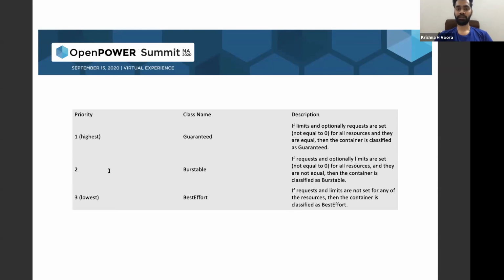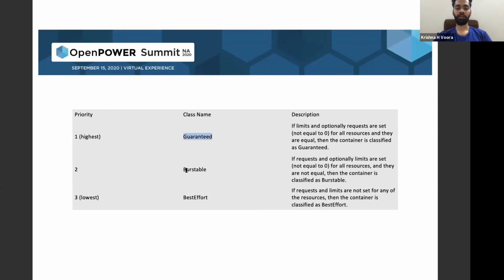The resources that can be defined and controlled are majorly CPU and RAM. If we set the upper limit and the lower limit as equal, that's called guaranteed quality of service.